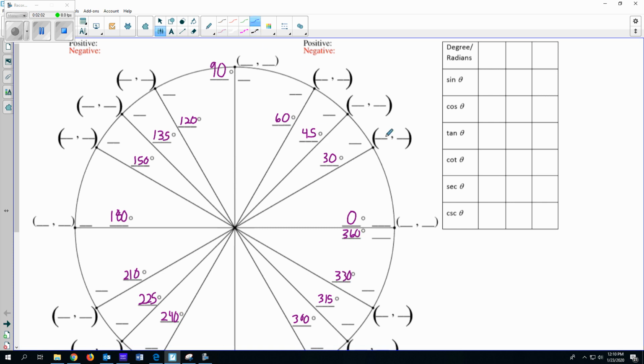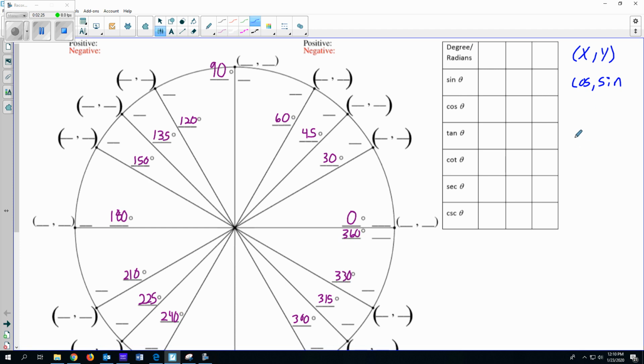Now we want to go ahead and fill out our trig values. Basically, we're going to do our x and y values, which, because of the unit circle, the radius is 1. Your x and y values are going to be synonymous with your cosine and sine values.